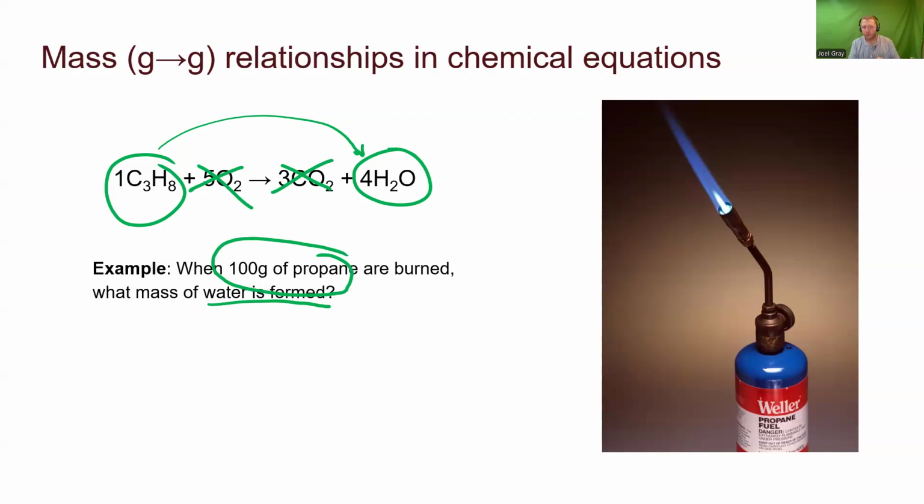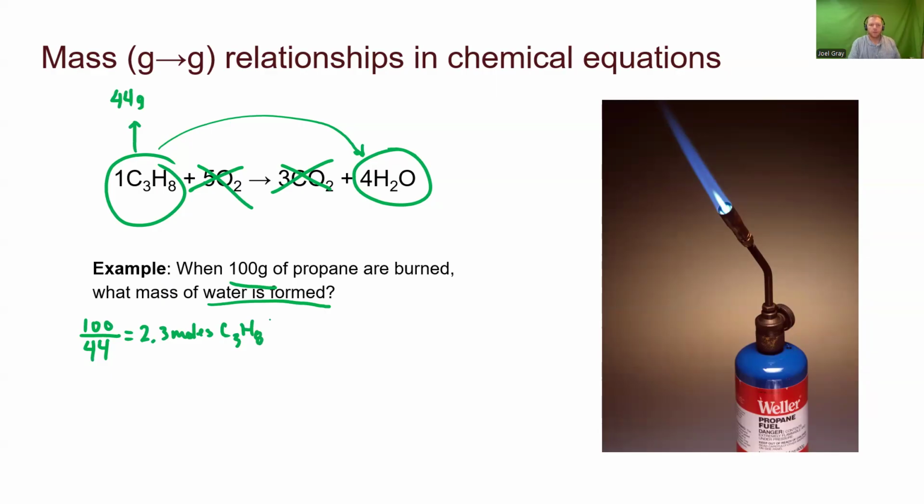We have to convert this mass, 100 grams, using the molar mass of C3H8. The molar mass of C3H8 happens to be 44 grams. So we're going to say 100 divided by 44. And that's where we got 2.3 moles of C3H8. Does everyone follow that calculation? Y or N to the chat?